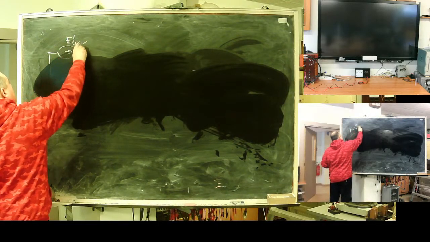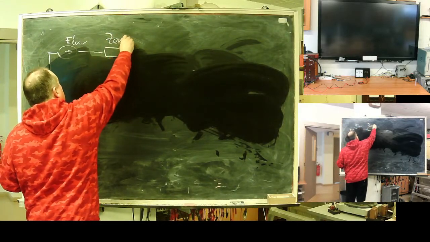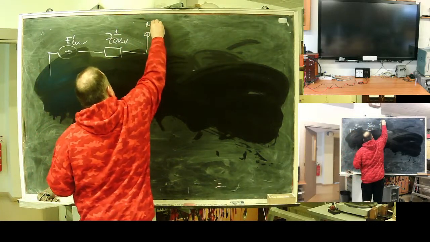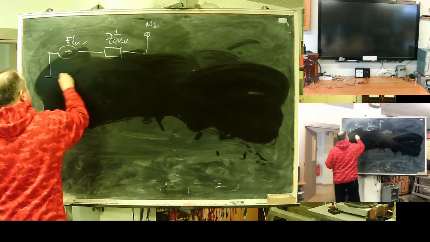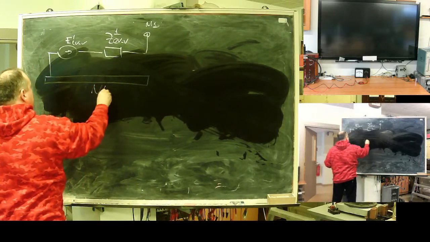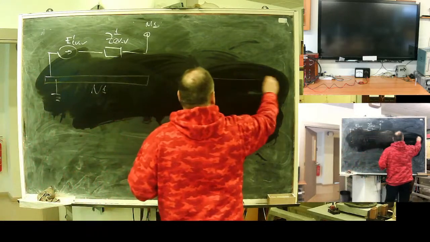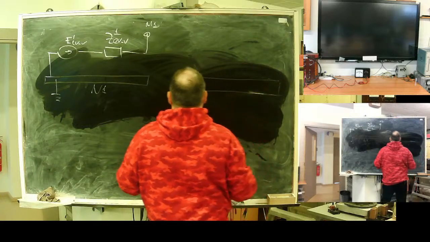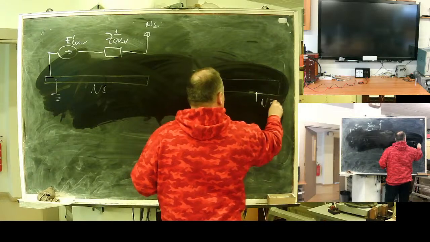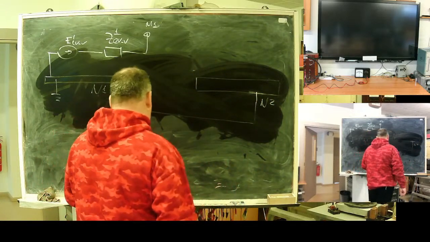Equivalent EMF of the direct sequence, equivalent resistance of the direct sequence, attachment point of the direct sequence. This is the common wire for the direct sequence, it's grounded. On the mirrored side, I will have the common wire for the negative sequence, and they are interconnected.